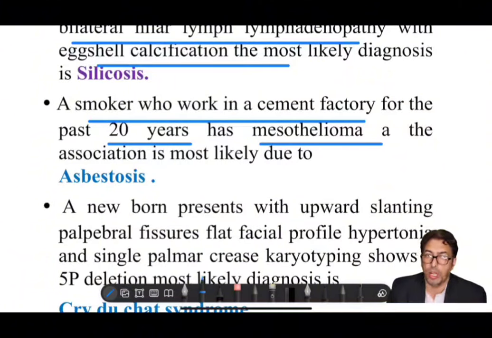So that's important. You have to remember that asbestos fibers, which are of different types, cause another type of occupational lung disease, characterized by mesotheliomas, pleural plaques, and an association with lung cancers. Very important. So, two questions on occupational lung diseases.